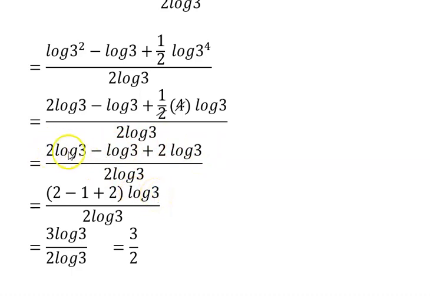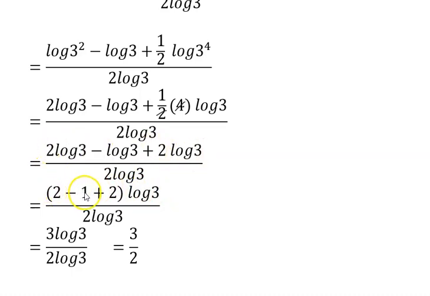We have 2 here minus anything times 1 is still that thing. So we have invisible 1 here plus we have 2 here. So we can now say since log 3 is out, we can now say 2 minus 1 plus 2. That's what we have. Log 3 is common here already, because if you use this log 3 to open up this bracket, you have what you have up here.